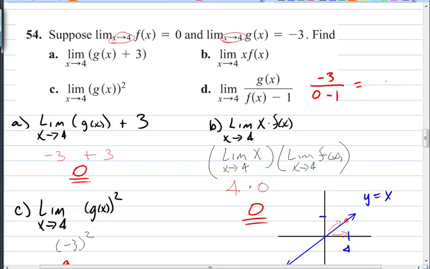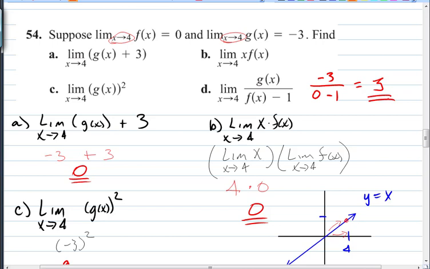So what does this end up being? See how it works? Making more sense? You will have questions about limits asked in this same way on your test. I'm telling you now, put a star by these problems because this is a good way for me to check your understanding of limits. So know how to do these types of problems where I give you values for the limits and then I ask questions like this, asking you to evaluate.